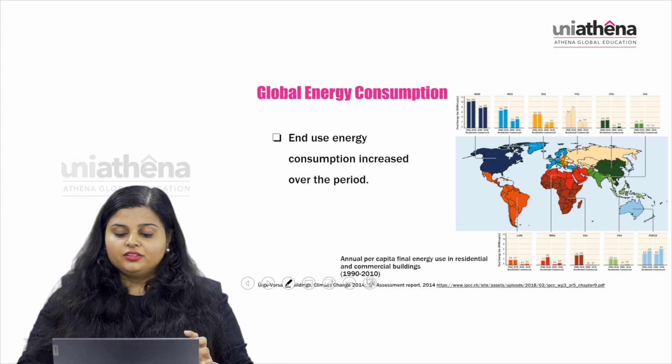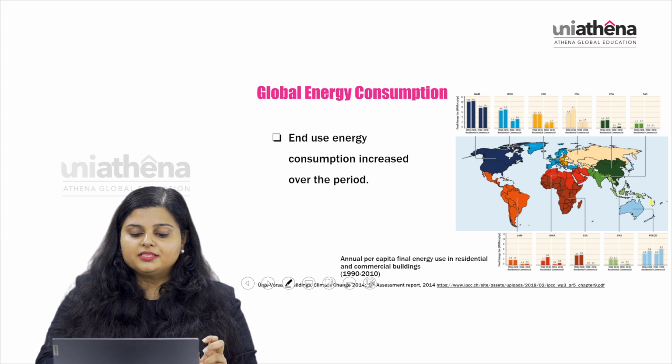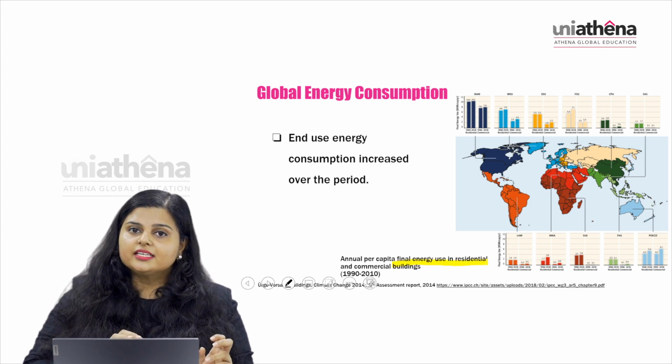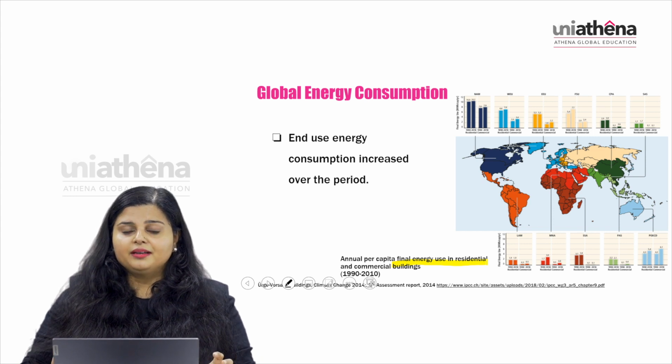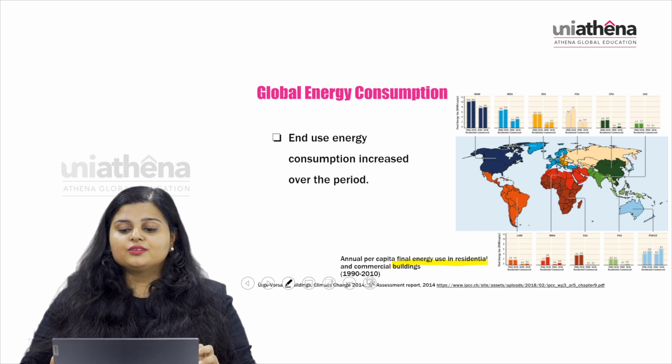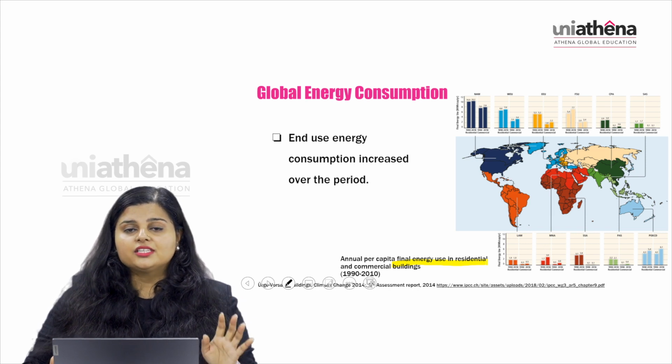Now, the picture on the right hand side shows in different colors the annual per capita final energy use in residential and commercial buildings. It's a very colorful graph to look at, but the synopsis of this chart is that end use energy consumption has only increased over the period.